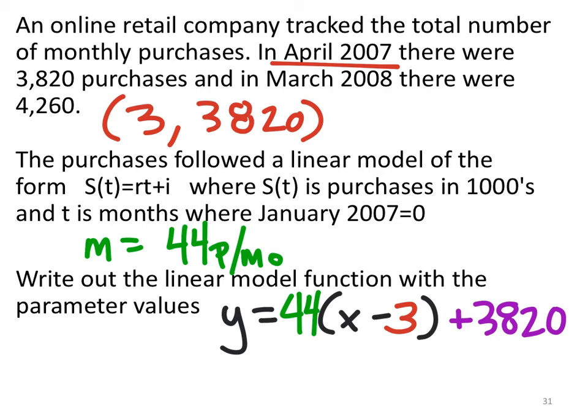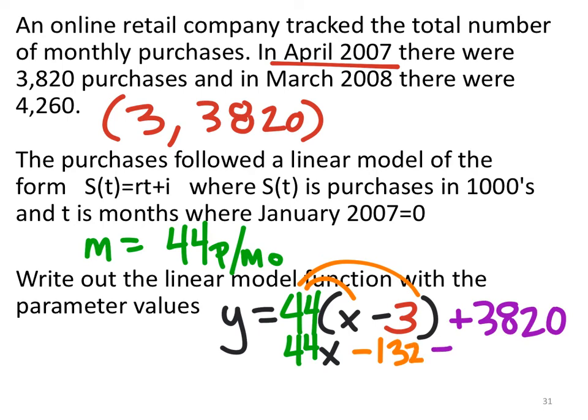And from here, we can solve this. We'll distribute the 44. We get a 44x there. And then 44 times negative 3 would be negative 1,000. My brain's off right now. I'm going to do it in the calculator. 44 times negative 3 is negative 132.